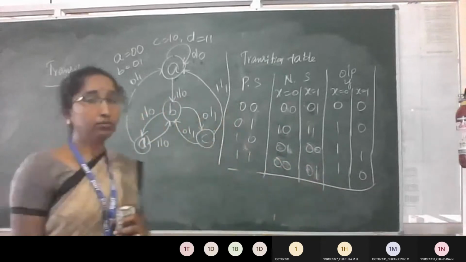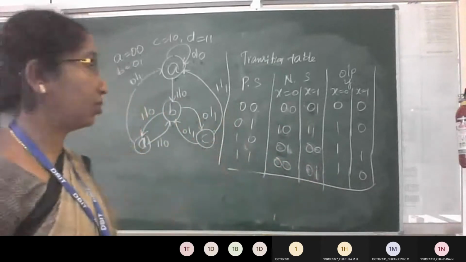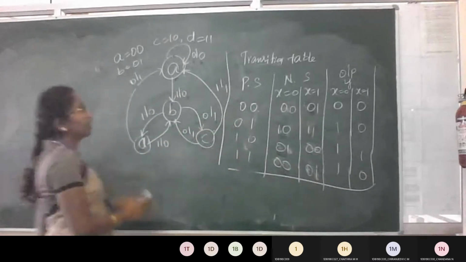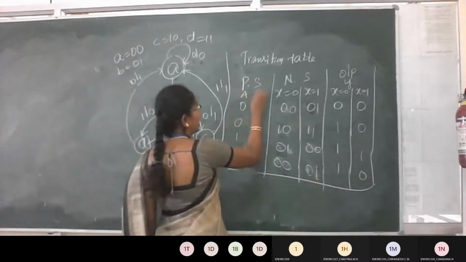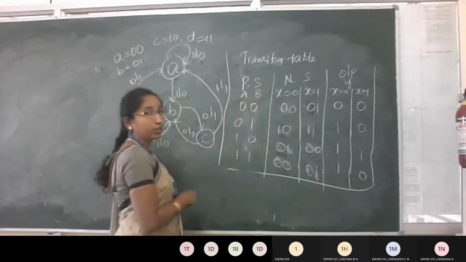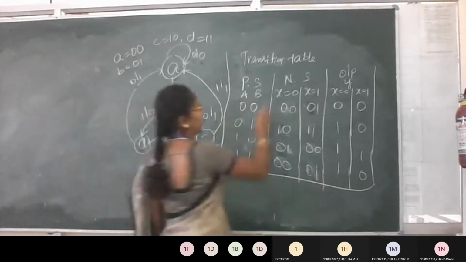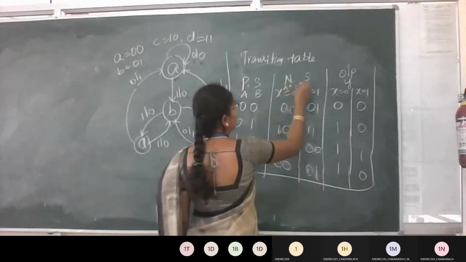So now the condensed table, the same transition table, each of 2 bits. Let me take capital A B. Now the next state will be A plus, B plus.